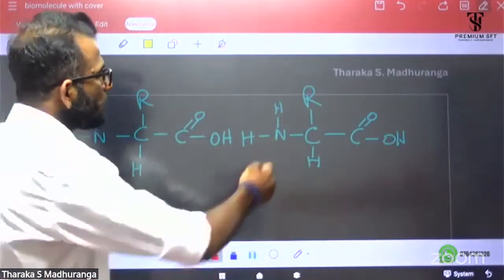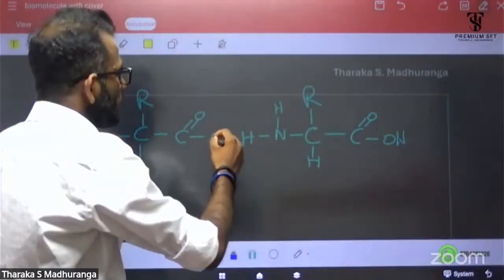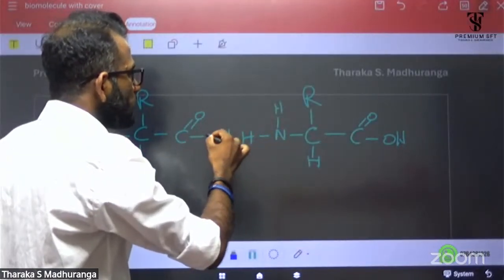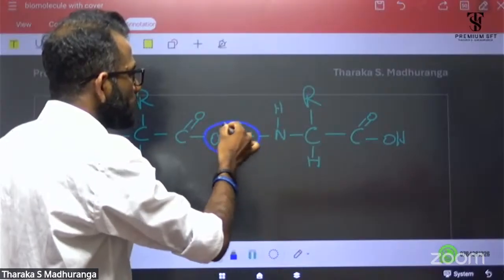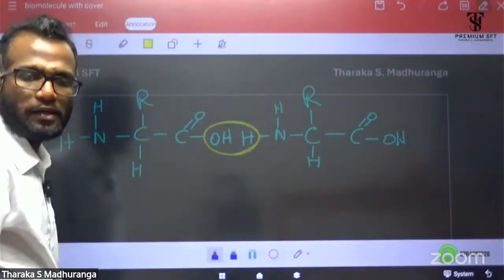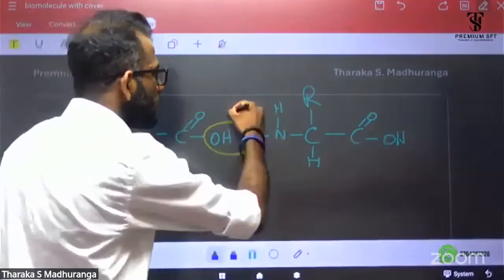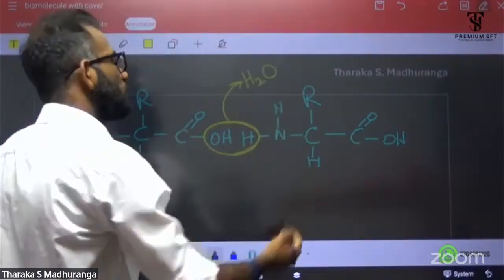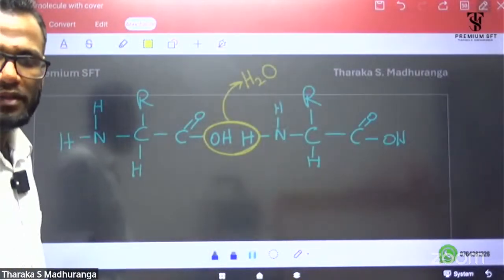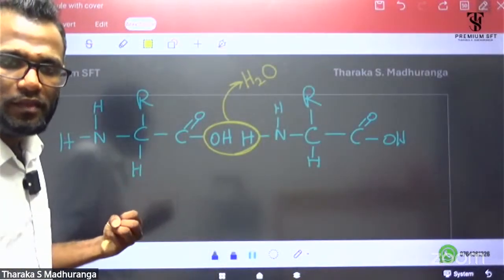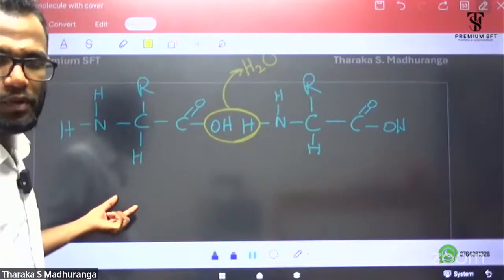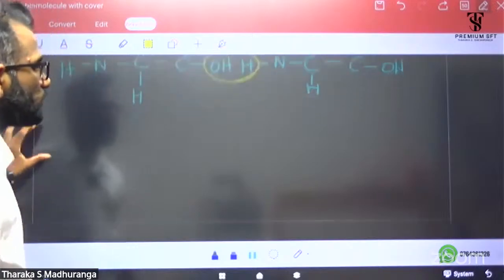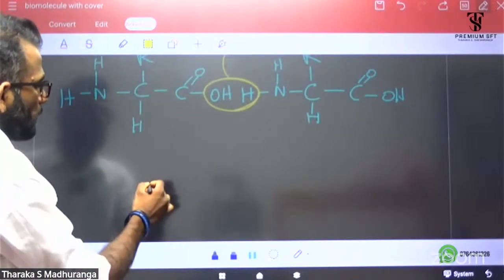Now what happened? The carboxylic group's OH and the amine group's hydrogen combine with each other. Then this part is removed as a water molecule, H2O. Now this is the new structure.